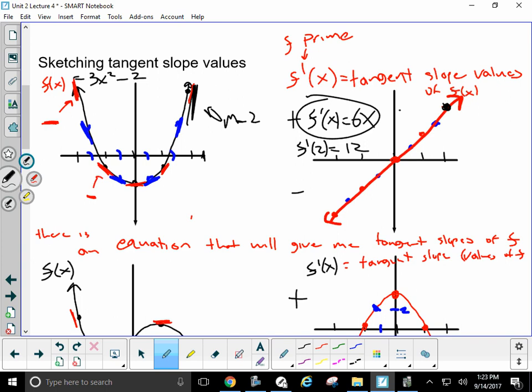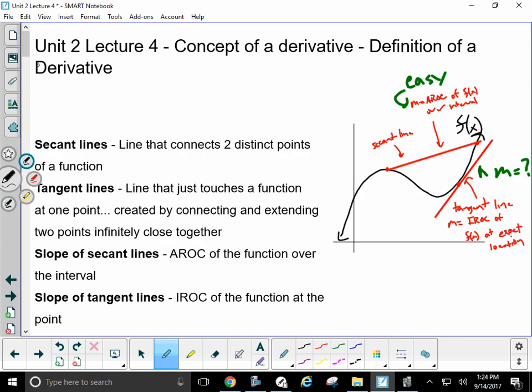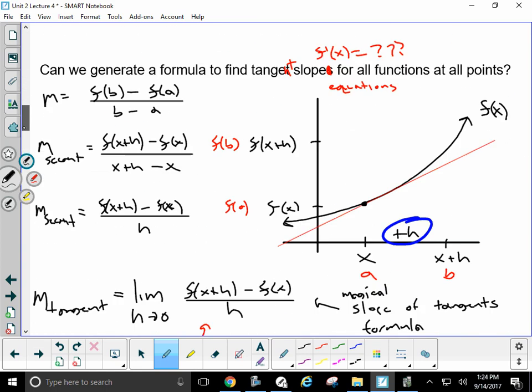This is something that I can use, not only just at one location, but at any location to my original function. This is what these mathematicians discovered. They discovered these friendly functions that tell me tangent slope values to original functions. They said, I don't have to do 2.00001 and square it and multiply it by 3. I can just use these f prime functions.